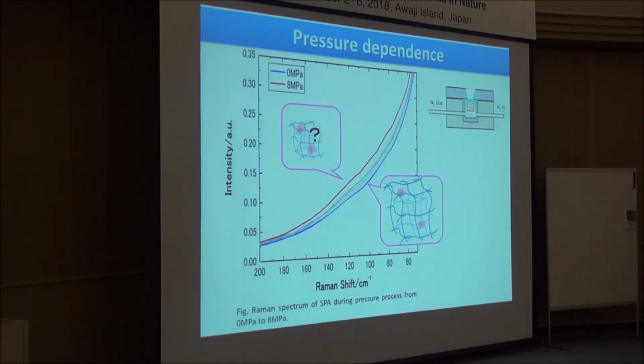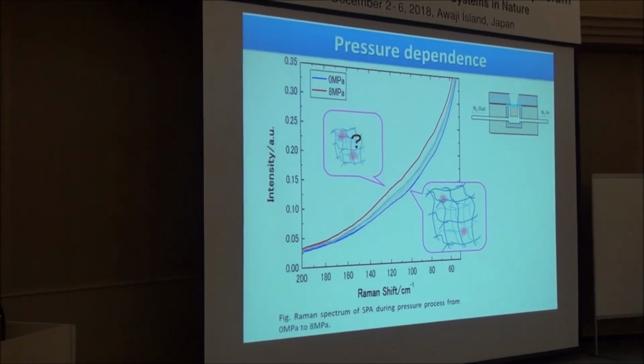Unfortunately, we are not yet clear on the process of the pressure dependence of the SAP, but now we can see intensity changes in the Raman spectra of SAP during the pressure dependence.